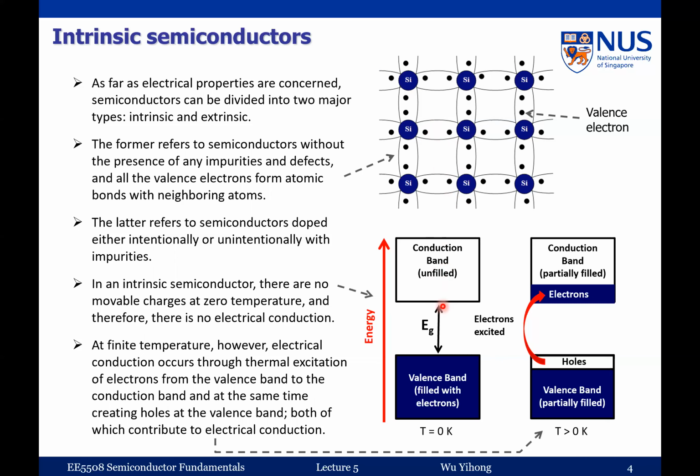This is the one we talked about in the last lecture. When this band gap is large, at low temperature, of course, at absolute zero temperature, and even if this band gap is small, you will not have any free carriers or electrons in the conduction band. All the electrons are basically in the valence band.